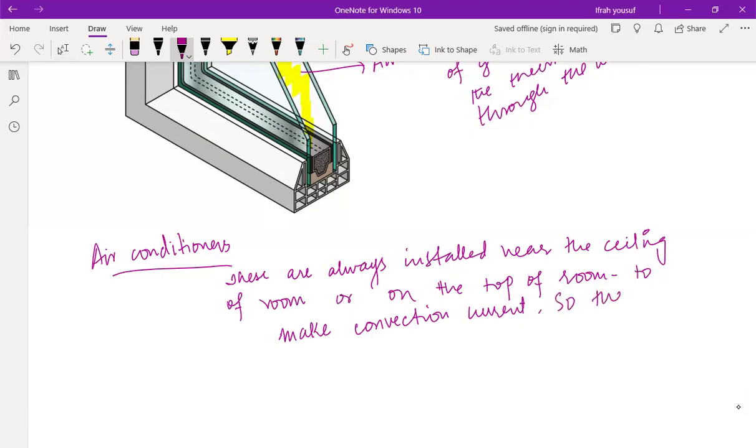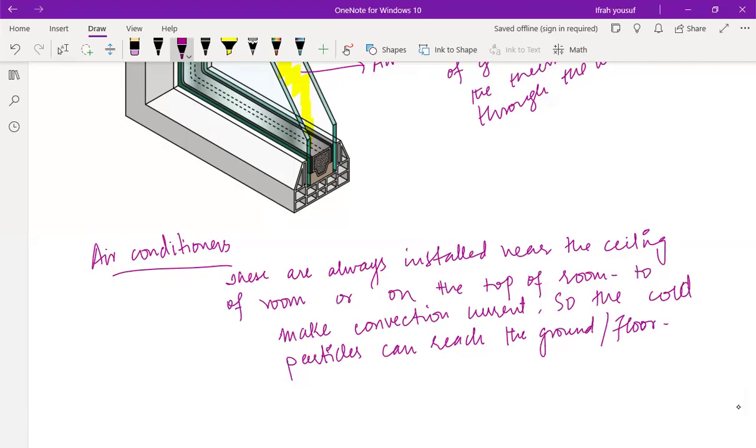So the cold particles become denser and can reach the ground or floor, because cold air is denser, right?